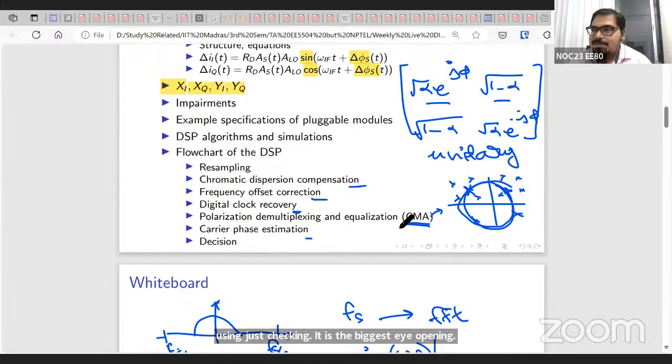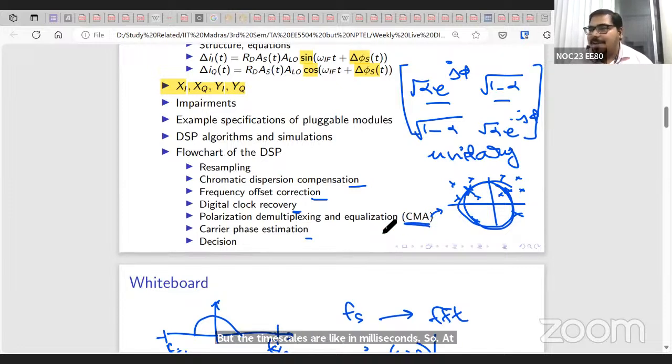Polarization demultiplexing was not covered in depth in class, but this polarization mixing matrix is unitary, and you use some adaptive filter to correct for the polarization multiplexing. Polarization changes in a fiber due to random disturbances, but the time scales are in milliseconds.